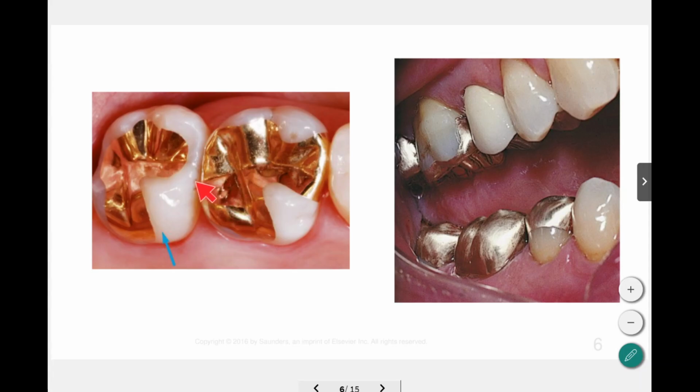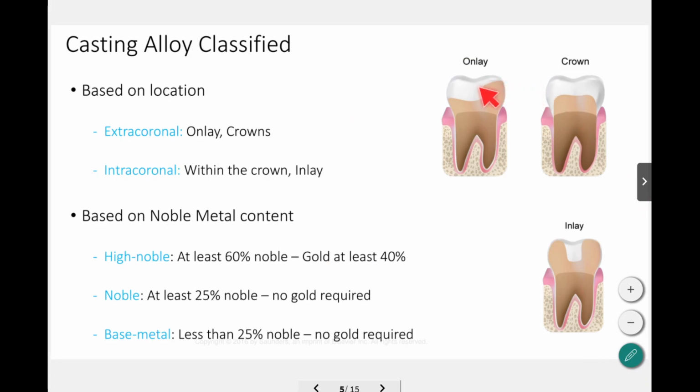If there are no cusps involved, then this is an inlay. That's kind of the usual difference between them. So an inlay would not replace a cusp. An onlay would replace a cusp, and definitely the crown would replace the whole crown of the tooth. So large area, exactly. Okay, so these are the two differences.